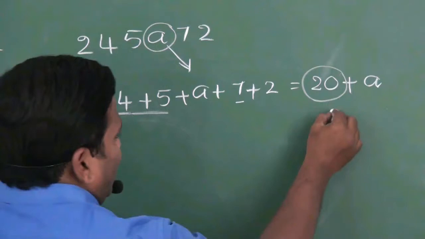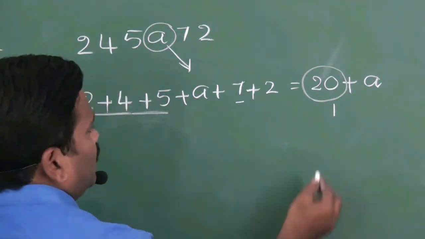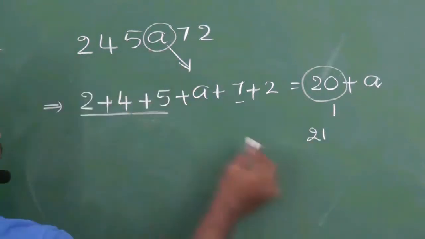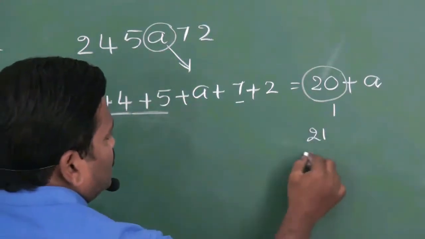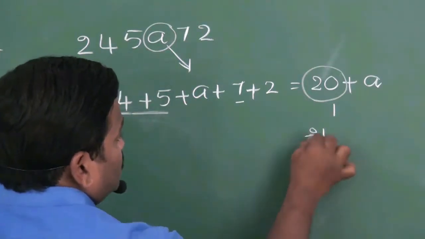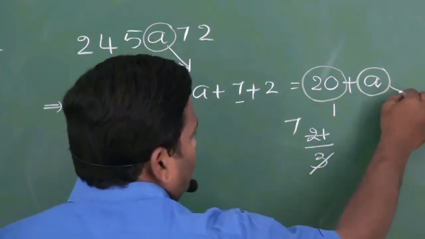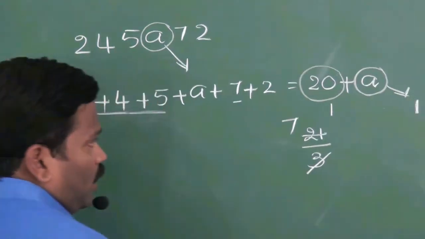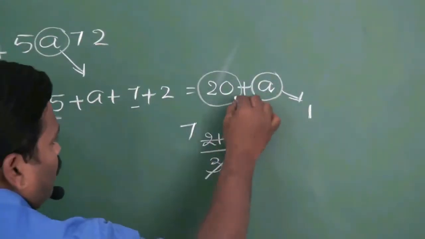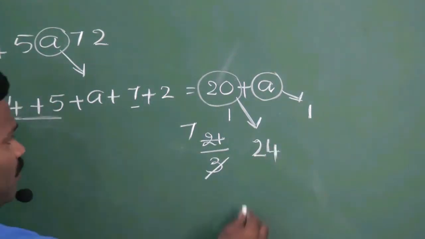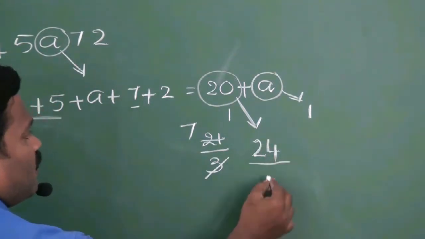If you add 1, then 21 is divisible by 3. Therefore, the value of A may be 1. Or if you add 4, 24 is also divisible by 3.